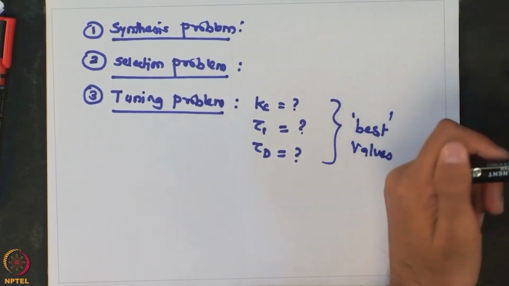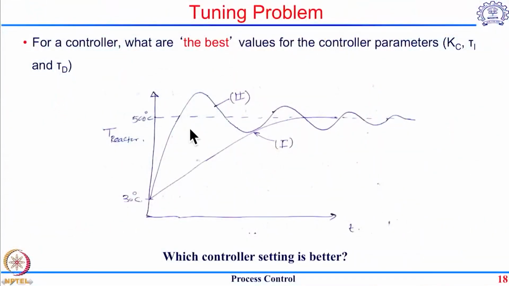So in order to give you a feel of what I mean by best values, let us look at this one example response, wherein I am showing you a response of a temperature controller. Let us say this is a reactor which has to operate at a temperature of 500 degrees Celsius, and we have put in two controllers, controller 1 which looks like a very overdamped response, and controller 2 which looks like an underdamped response.